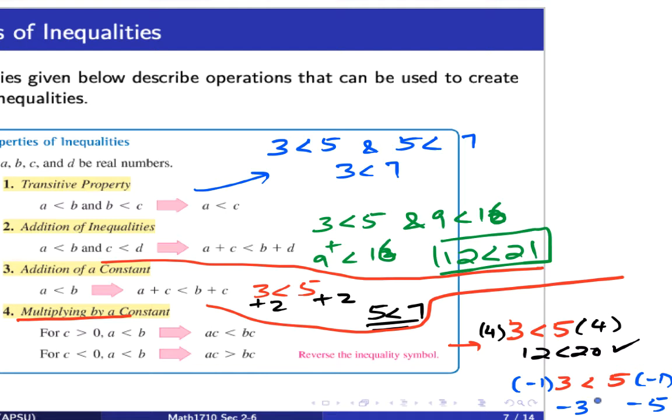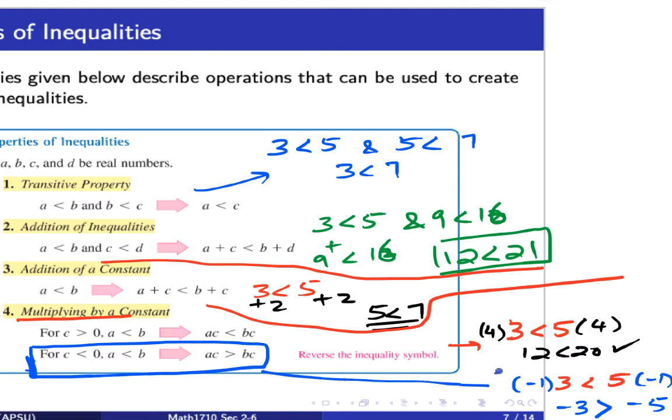Rather it is strictly greater than minus 5. Very important, guys: if you are multiplying by a negative number, then you change the inequality. Less than becomes greater than, and greater than becomes less than. This is a very, very important fact, guys.